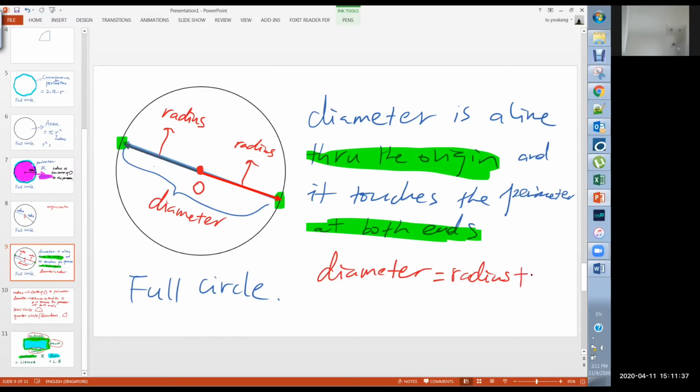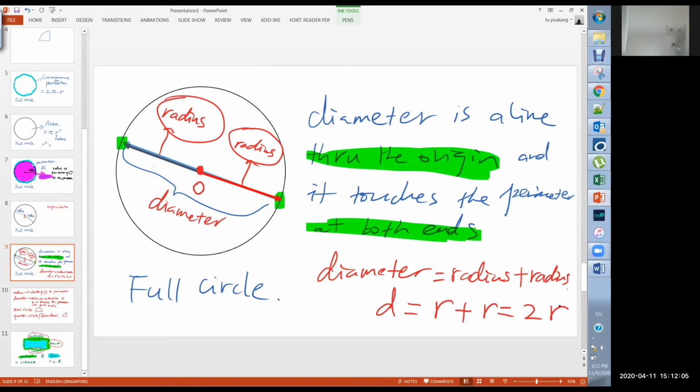Why plus? So basically diameter is the black radius plus the red radius. So that means diameter is equal to radius plus radius. Or diameter is also 2 times my radius.